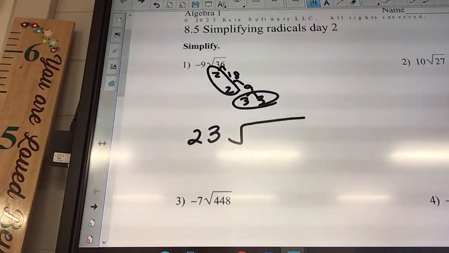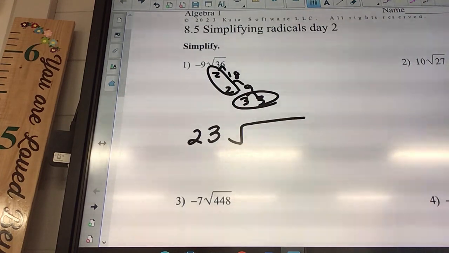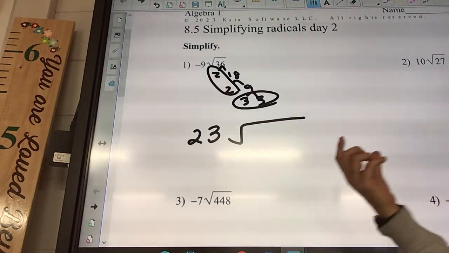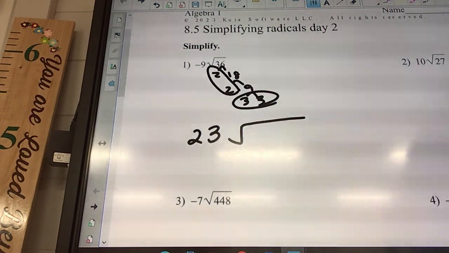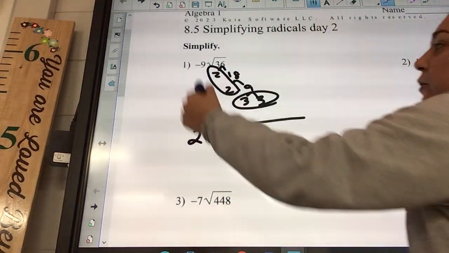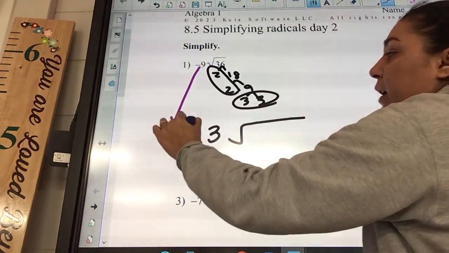If you think about it, what's the square root of 36? 6. Right, so what is 2 times 3? 6. However, we do have that 9 on the outside, and that doesn't change a lot. It's just when you very first do this radical, you need to drop that negative 9 down.